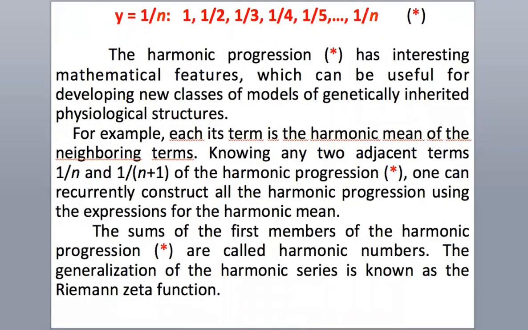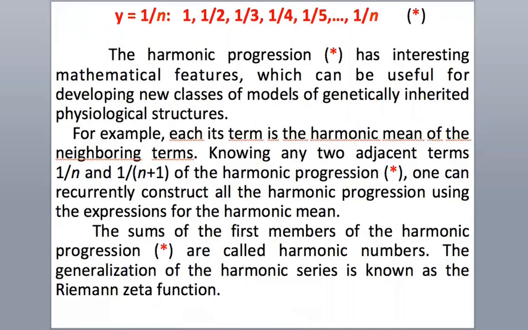The harmonic progression has interesting mathematical features, which can be useful for developing new classes of models of genetically inherited physiological structures. For example, each term is the harmonic mean of the neighboring terms.